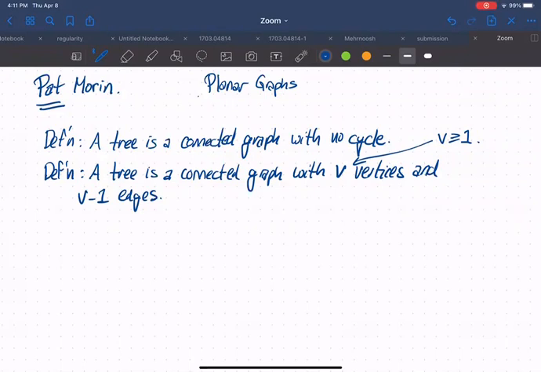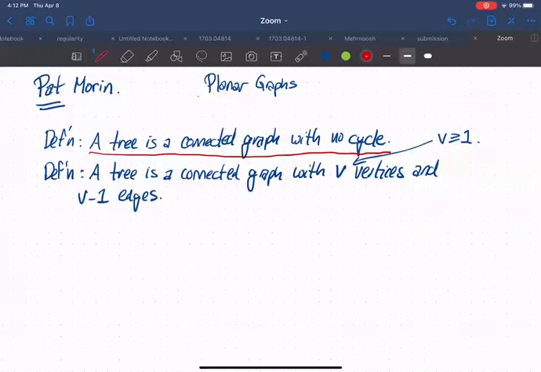So let's not worry about that, but let's remember these two definitions, and one of them has an important implication, which will come up later. So a tree is a connected graph with no cycle. So if I give you a connected graph that is not a tree, that means that it has a cycle.